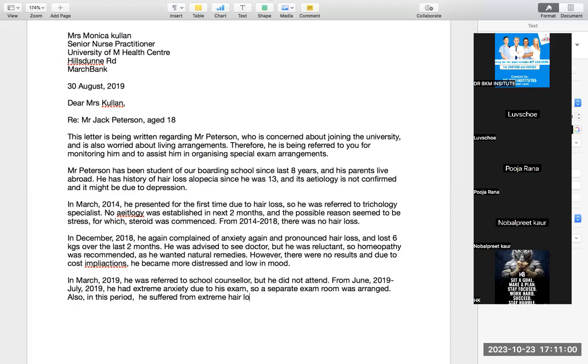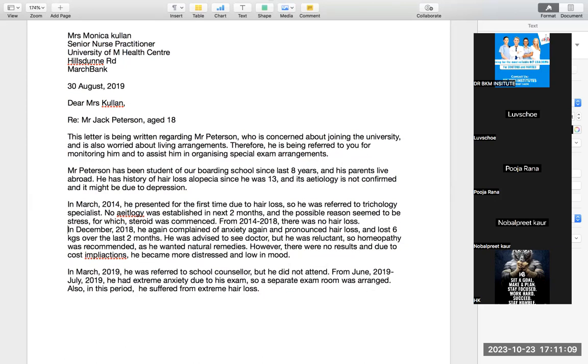Even after shredding so many words, you can see my letter is still not that small. So you can well understand. Now I can mix these two paragraphs to make it one.